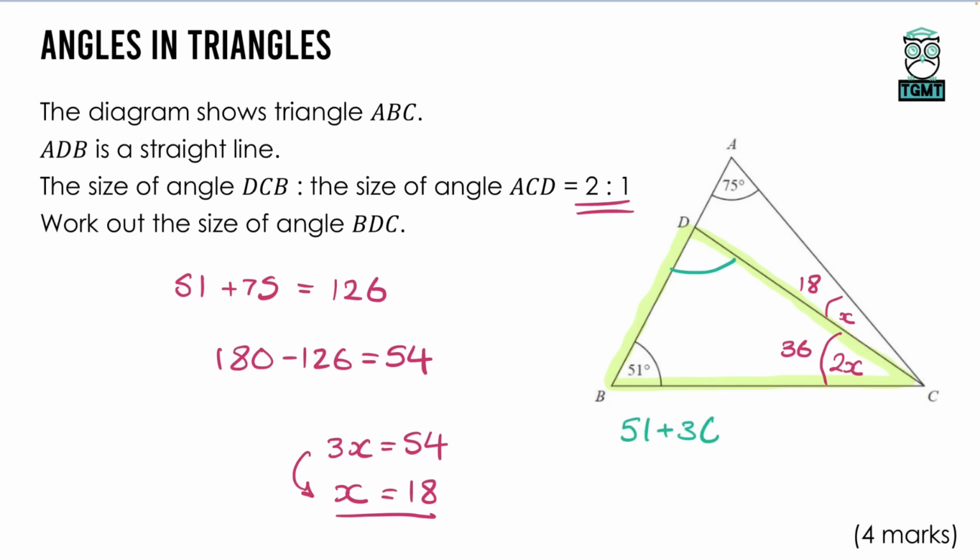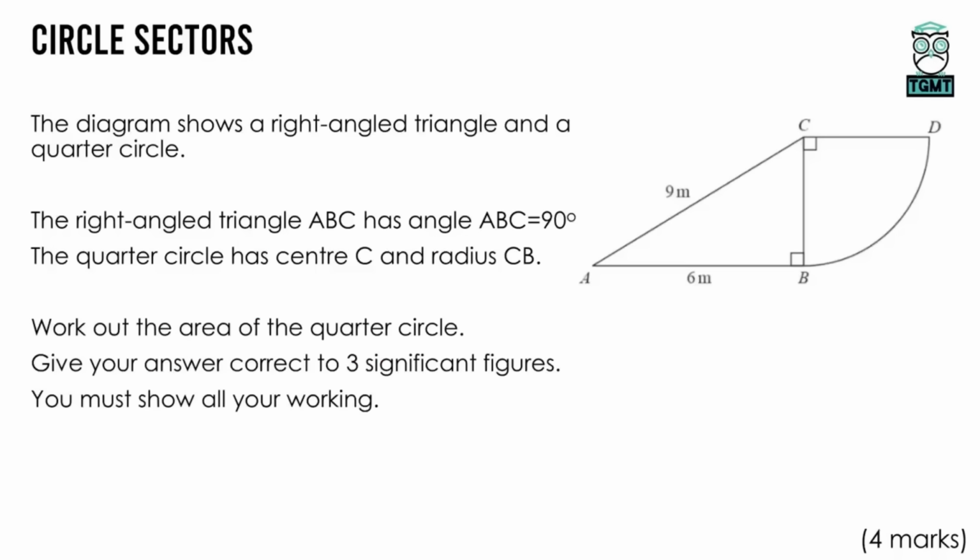We have 51, add the 36. In total, that gives us 87. And we want to take that again away from 180 to find that missing angle within the triangle. So 180 minus 87 leaves us with a 93 degree angle that's missing at the top there. So there we go, that is a slightly harder problem.